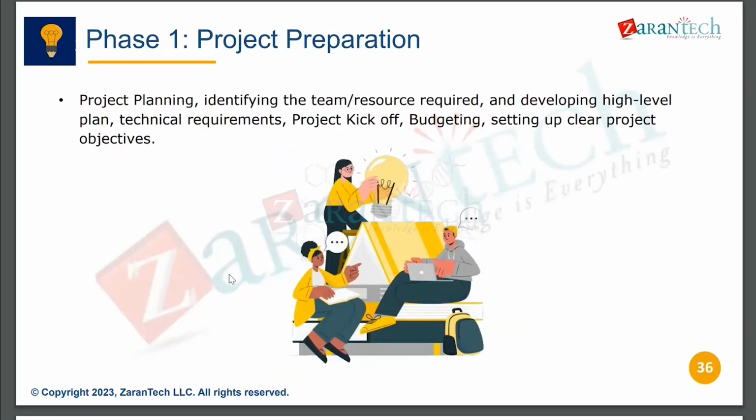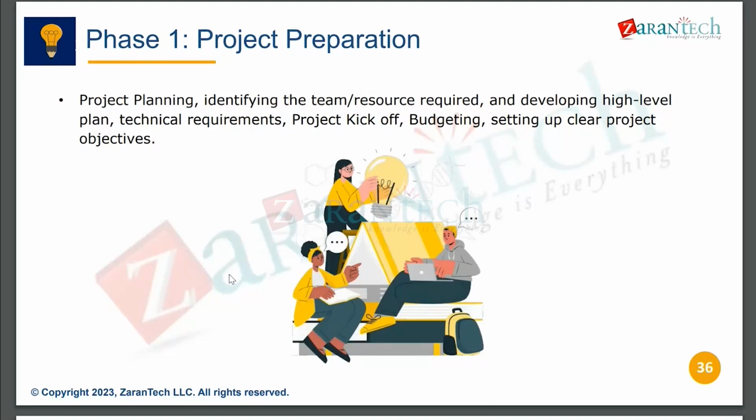Okay, so whatever I explained here, I've given some short writing here, so you can go through this. Project planning, identifying the team resources, so everything we have gone through, you can go through this slide.